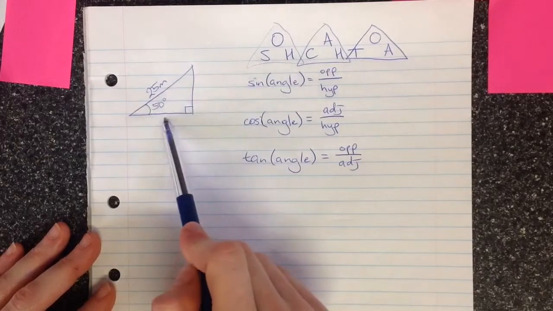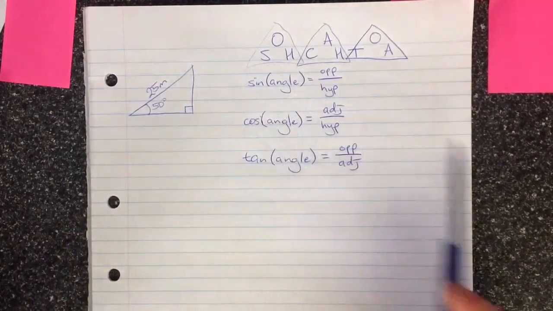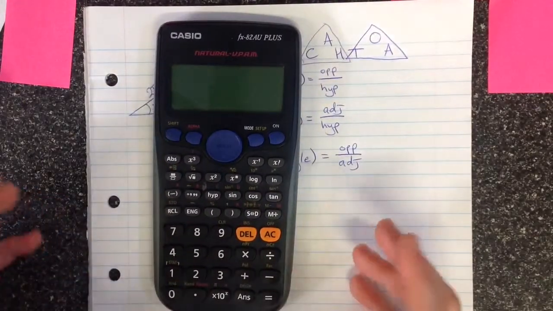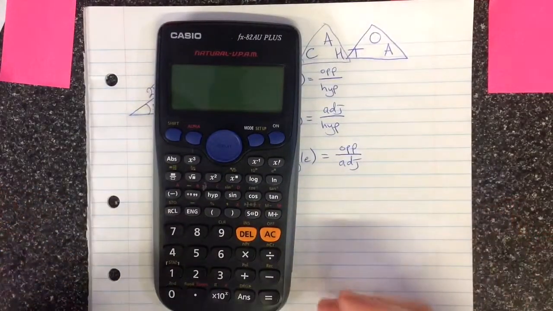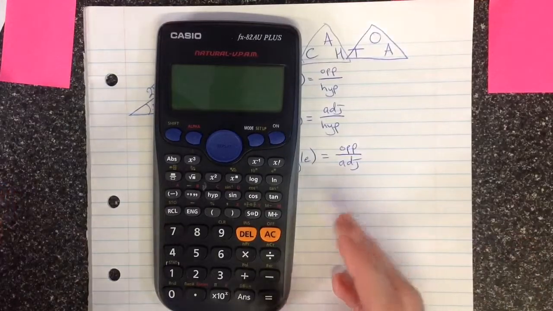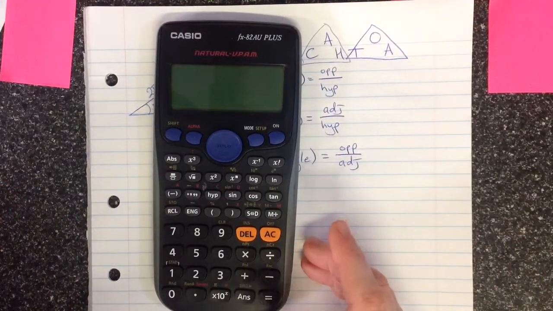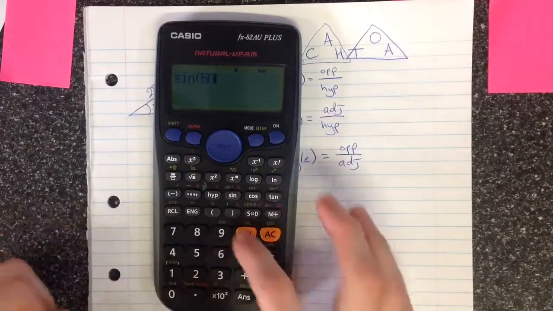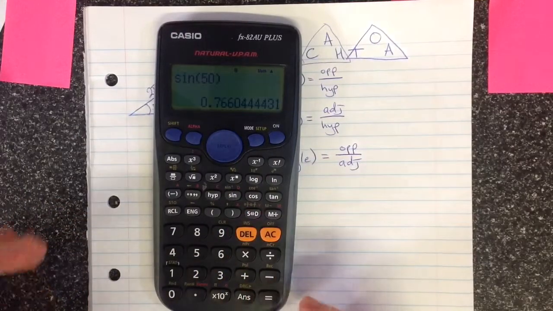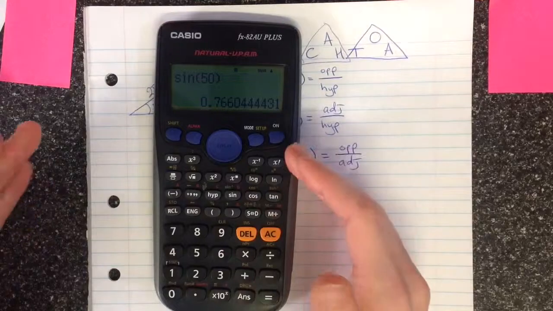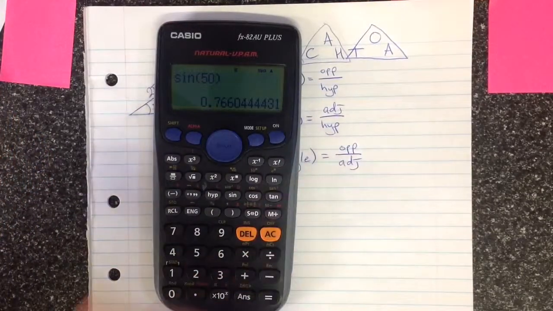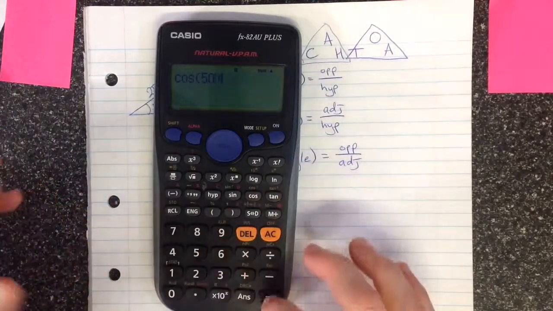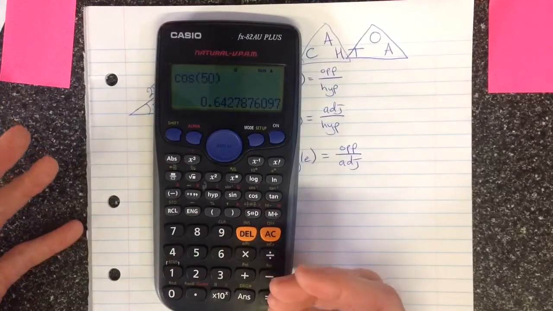Your calculator has been computer programmed to remember these ratios. So I can press in sine of 50 and it will give me a particular number. That's the ratio between sides for sine of 50. I can type in cosine of 50 and it will give me a different ratio.